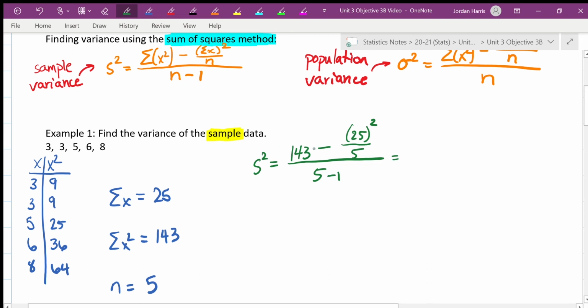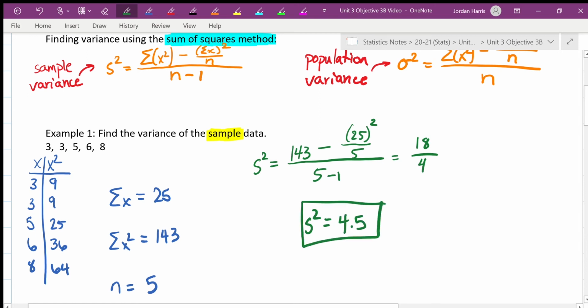The top part, you would type into the calculator exactly how it looks: 143 minus 25 squared divided by 5. Exactly like that. And you would find 18. The bottom is 4, because 5 minus 1 is 4. And then you type that in, and so you get a sample variance of 4.5.